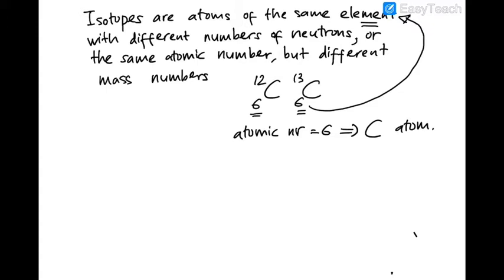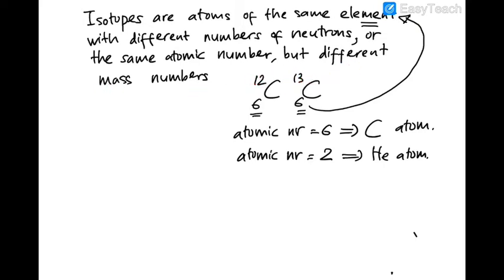Just like if you have an element of atomic number 2, then this for sure is helium. So the one that determines the atom is actually the atomic number. But of the same elements, you can have different numbers of neutrons or different mass numbers.